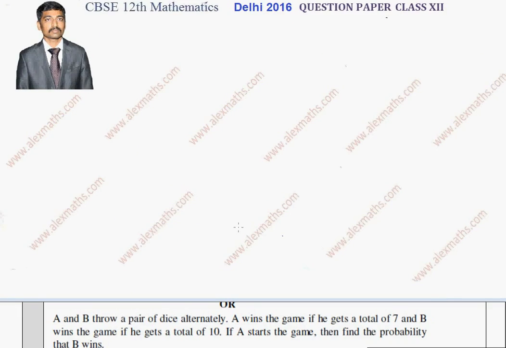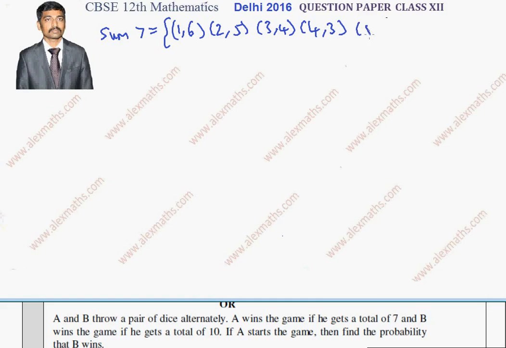A and B throw a pair of dice alternately. A wins the game if he gets a total of 7 and B wins the game if he gets a total of 10. If A starts the game, then find the probability that B wins. Since they are throwing a pair of dice, for getting a total of 7, the options are 1,6; 2,5; 3,4; 4,3; 5,2 and 6,1.